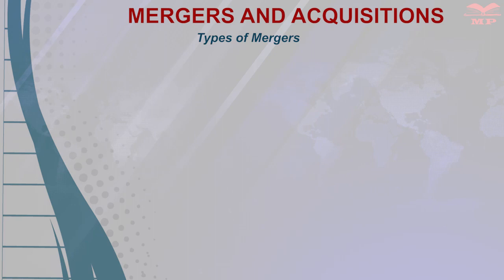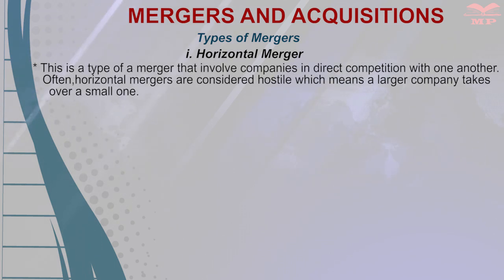Now let's start explaining from the horizontal merger. A horizontal merger is a type of merger that involves companies in direct competition with one another. Often horizontal mergers are considered hostile, which means a larger company takes over a small one in more of an acquisition than a merger.